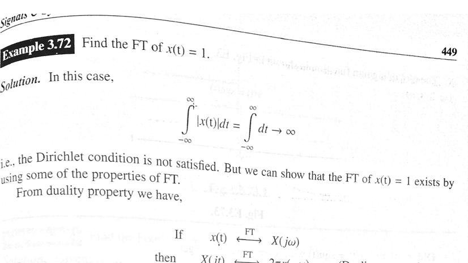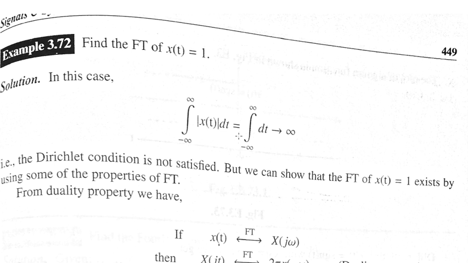Now here the signal is not integrable, so we can't find the integration of this one. Because in the Fourier equation, x of j omega is equal to the integral of x of t, which is 1, times e raised to minus j omega t.